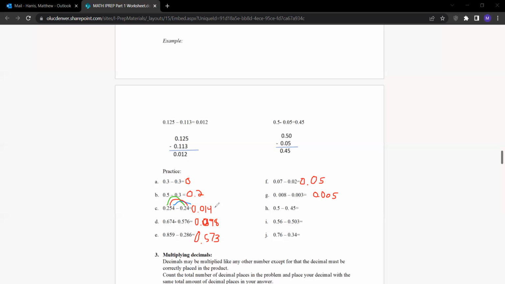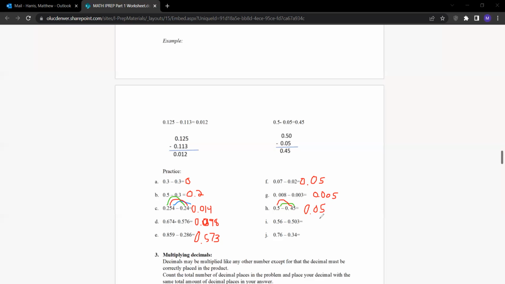That's all we're doing in all of these problems, is lining up those decimals and seeing what we get. So in here, there, and there. So we have 0 minus 10, 0 minus 5, and 5 minus 4. So when we do that in subtraction, we know we're going to have to borrow from the 5, and we're going to end up with 0.05.